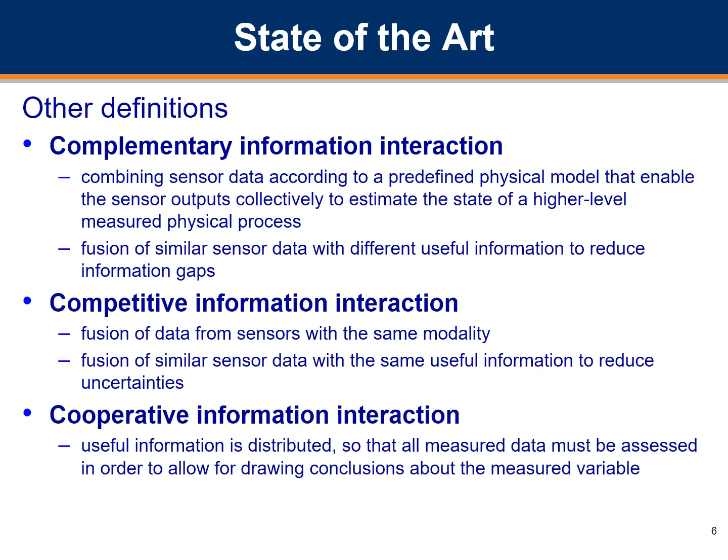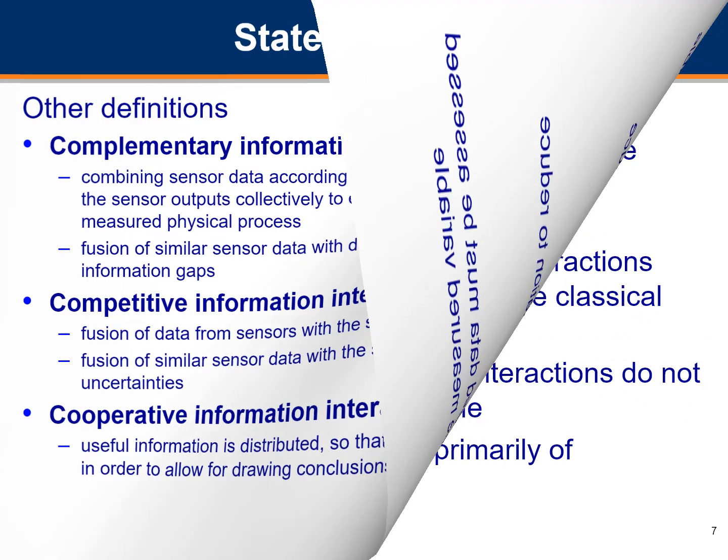Combining sensor data according to a predefined physical model that enables the sensor outputs collectively to estimate the state of a higher level measured physical process is a complementary type of sensor fusion according to Wu. More definitions can be found in the study and the cited references.